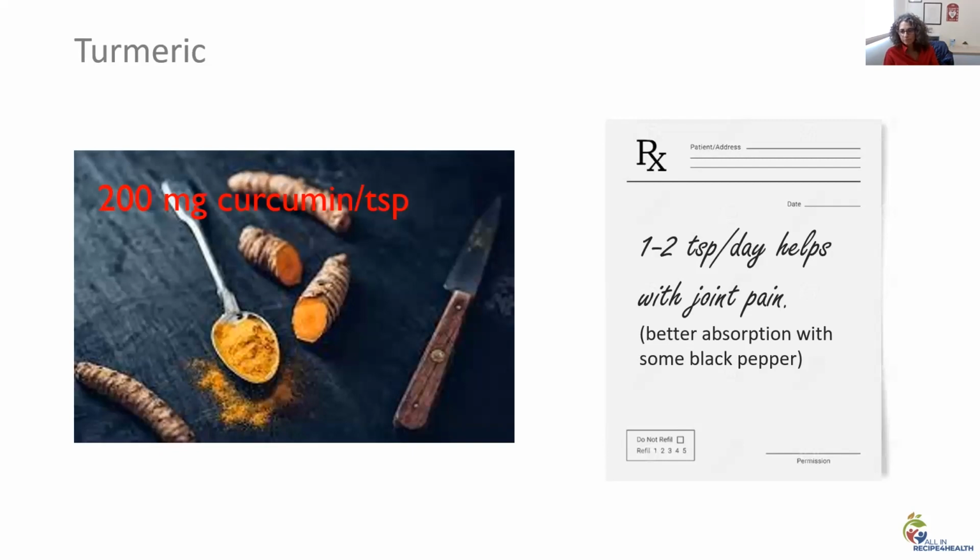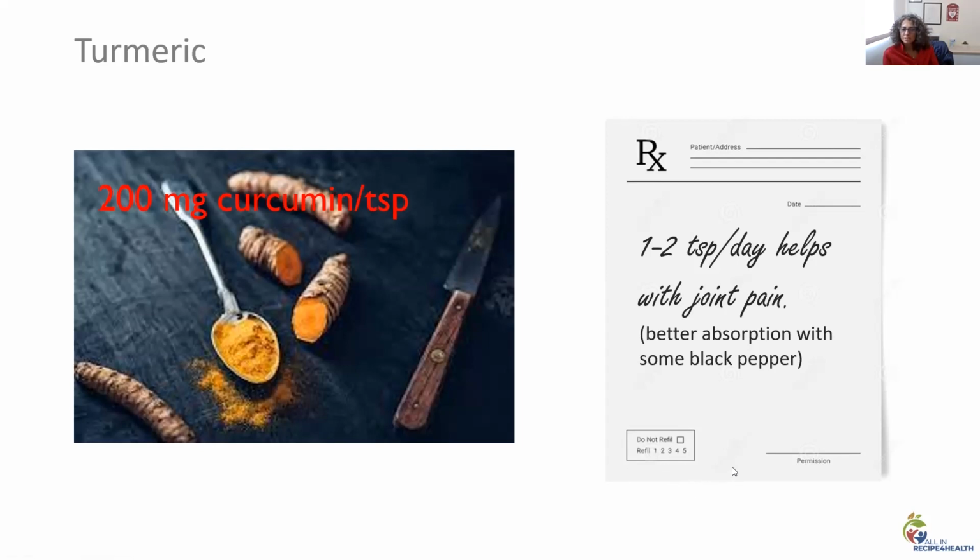That's the thing about whole food medicine: we don't even know which part of it's working. But curcumin really does seem to have a very strong anti-inflammatory impact. And 200 milligrams of curcumin exists in about 1 teaspoon. In terms of equivalence, it's probably about equivalent to 250 milligrams of ibuprofen in its anti-inflammatory effect, is what the studies show.